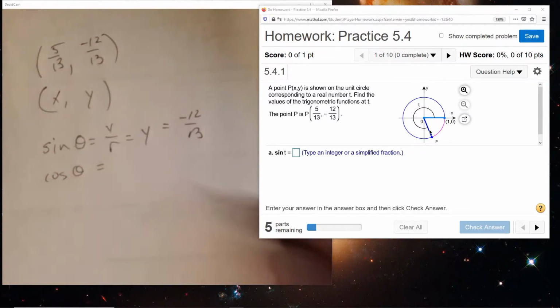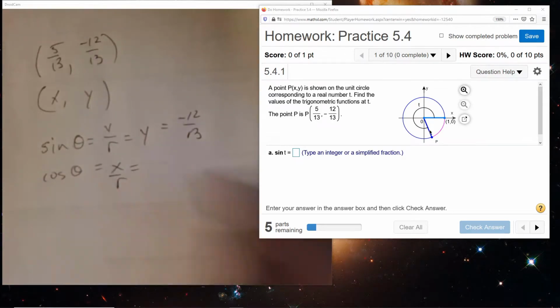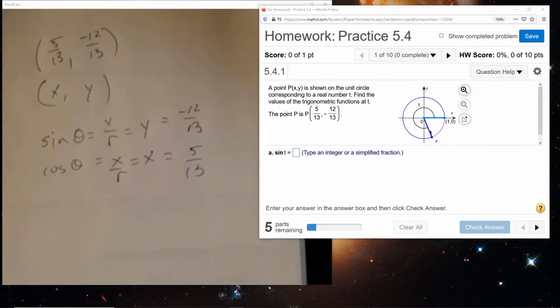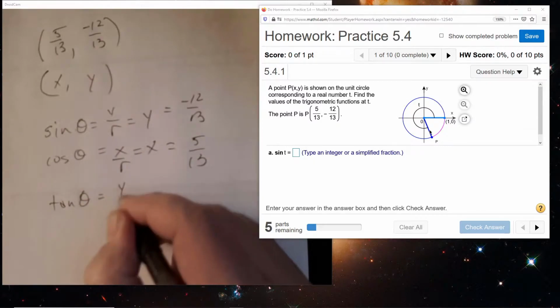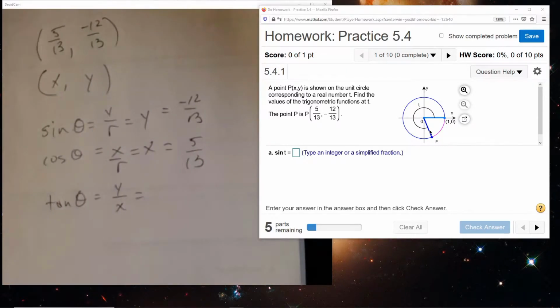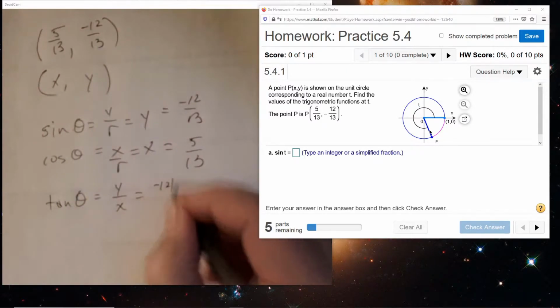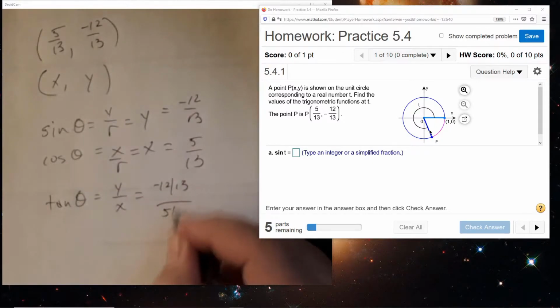And cosine, we'll know, is x over r, but r in this case is 1. And so we can identify then cosine. Tangent, y over x. And if we look at here, we have y over x.